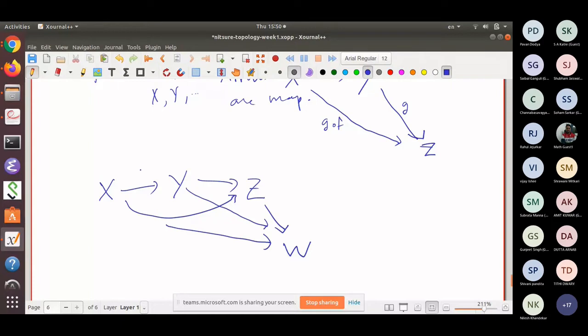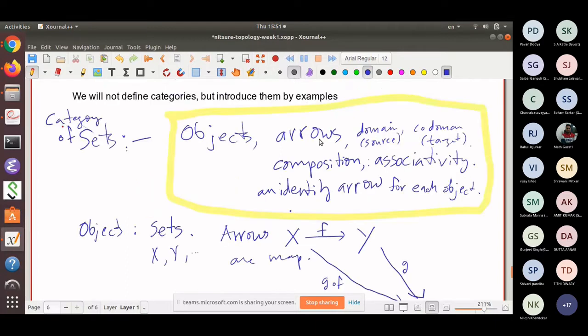And I'll give these names F, G, H. And associativity means H composed with G composed with F is equal to H composite G composite F. So that is composition and its associativity.